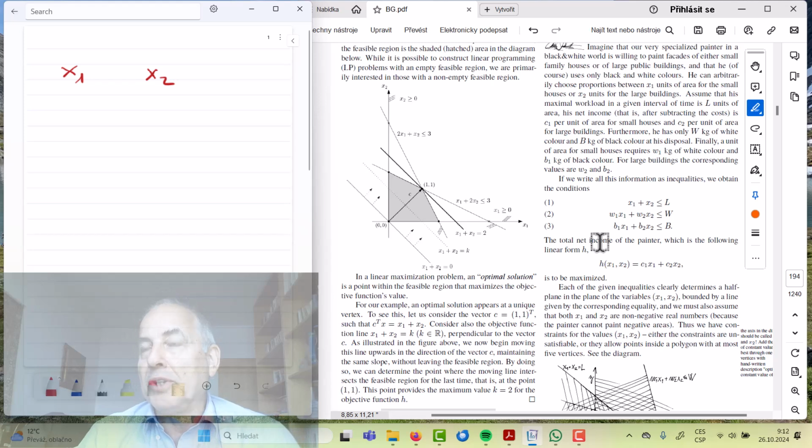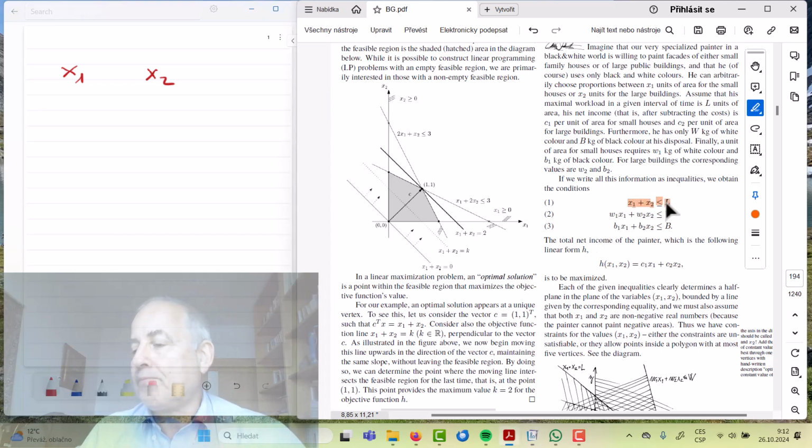And he knows what the capacity is. So x1 will be the area painted in the first kind of task, x2 will be the area painted in the second kind of task. And there is the first constraint: x1 plus x2 is limited from above by the capacity of the worker, right? So you can't do more than you are able to.